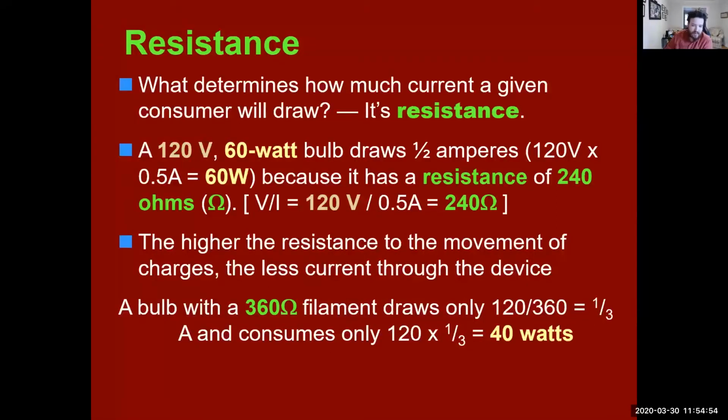The higher the resistance to the movement of charges, the less current through the device. A bulb with a 360 ohm filament, remember we're talking filaments, those are the old style incandescent, not LEDs, draws only 120 over 360, 1/3 of an amp, and consumes only 120 times 1/3 of an amp, 40 watts.